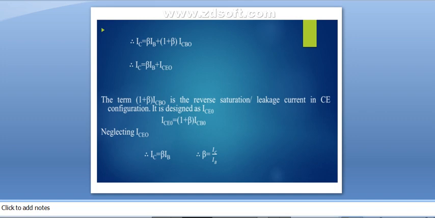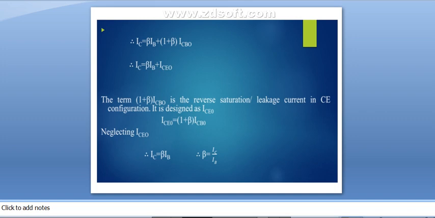So finally the collector current equation in CE configuration is IC equal to beta IB plus ICEO. The term 1 plus beta ICBO is the reverse saturation current or leakage current in CE configuration. It is denoted as ICEO. Here ICEO equal to 1 plus beta into ICBO.